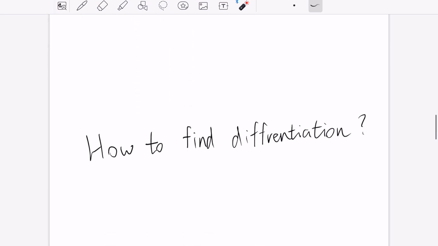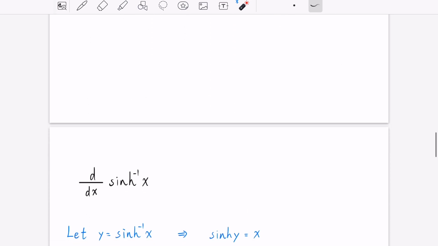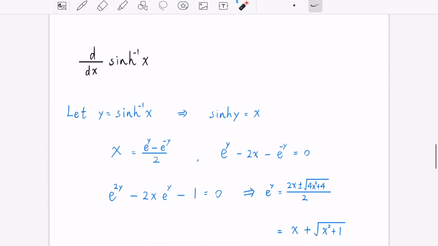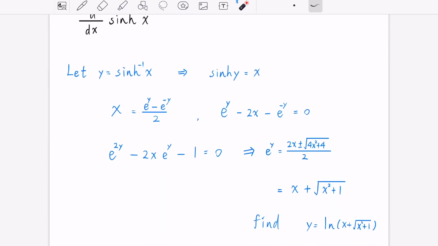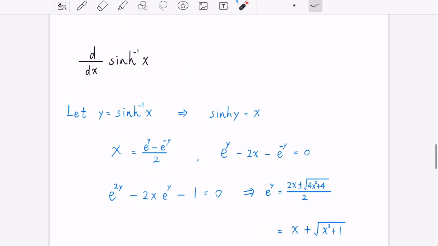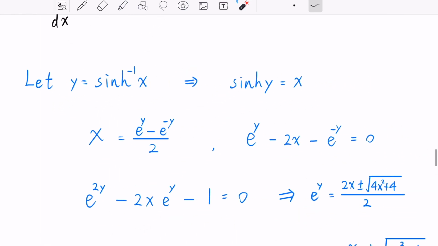Then we want to know how to find the derivative of the inverse hyperbolic function. Here's how we do it. First, we cannot just calculate it, so we have to do a transform. Say y equals the inverse of hyperbolic sine x. So we get hyperbolic sine y equals x.